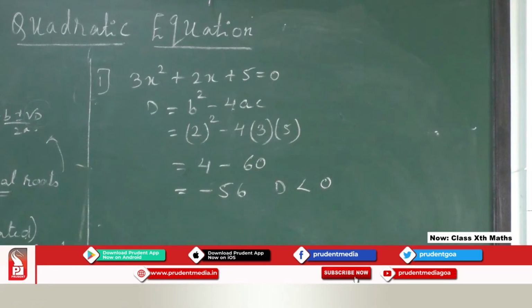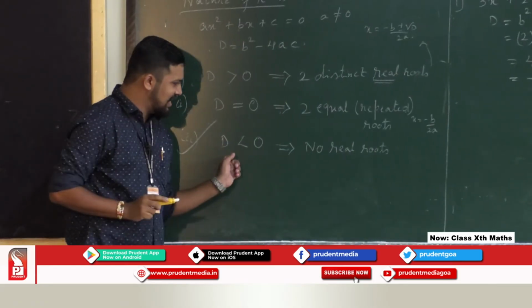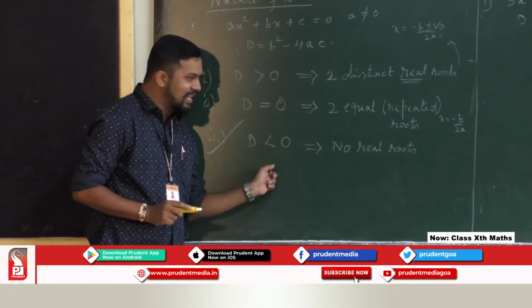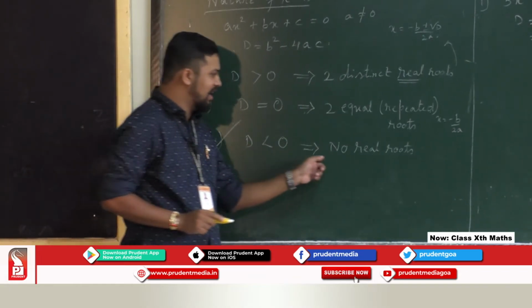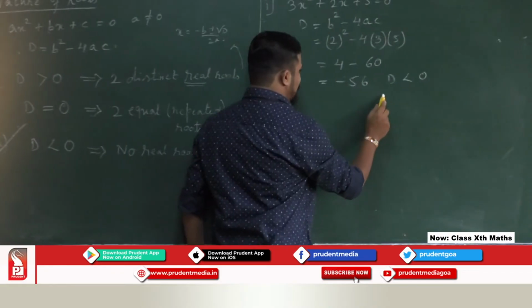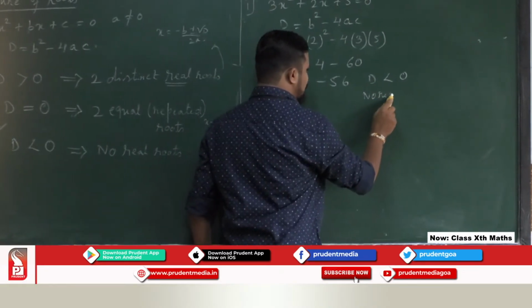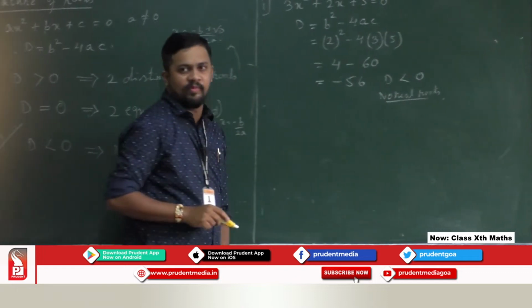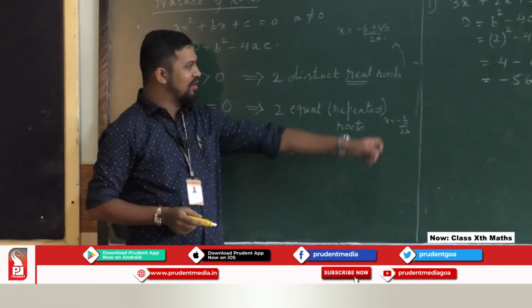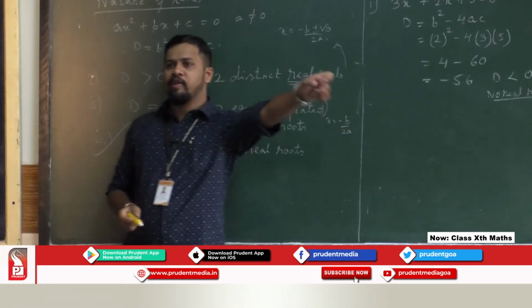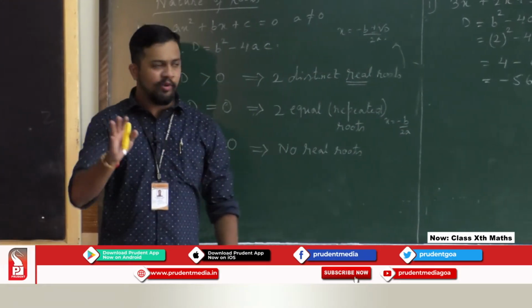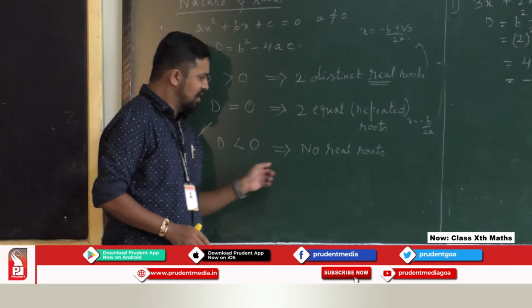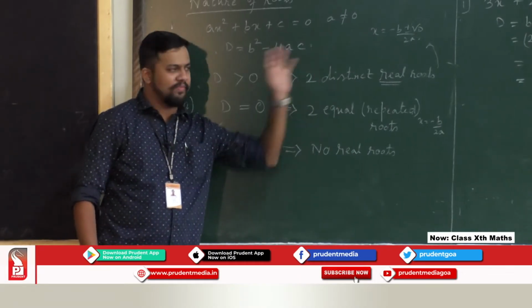Negative 56 means D less than 0, so we got this condition. And when D is less than 0, there are no real roots. We cannot find the roots because we do not know the square root of negative 56. Up to your level, we don't have that, so directly we say no real roots.